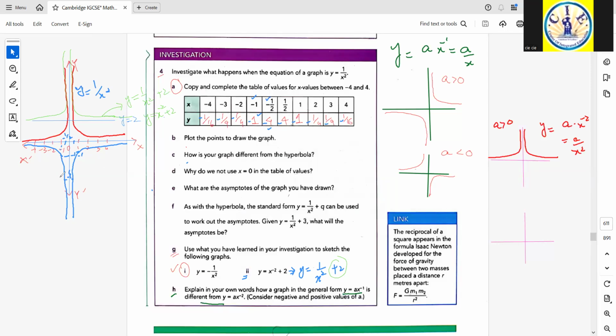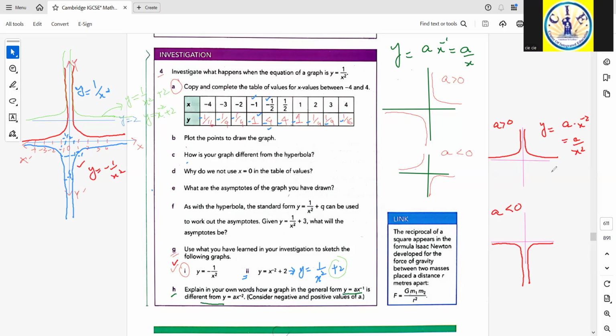And as we did in this G part 1, this was a graph of y is equal to negative 1 by x squared. So the graph has both parts below the x-axis when the value of a was less than 0.